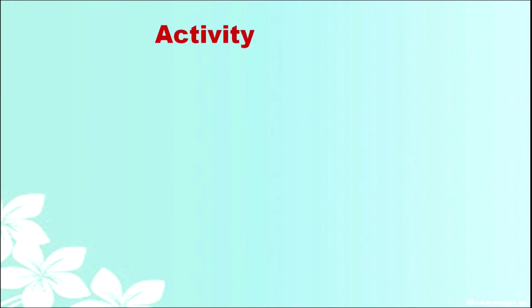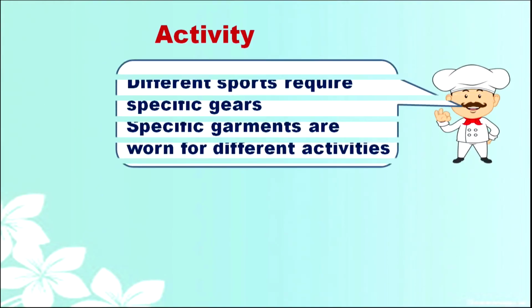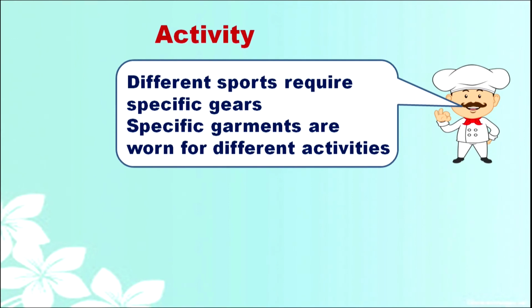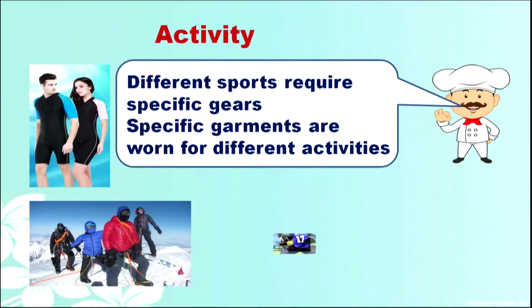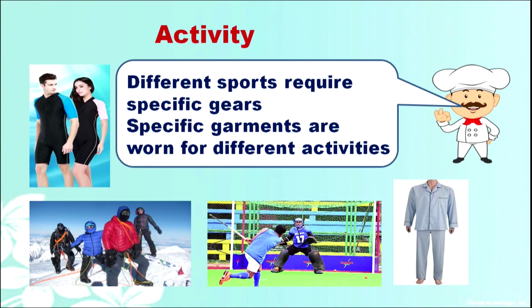Activity is another important factor for which specific selection has to be made. Different sports require different gears, and specific garments are worn for different activities. For example, let us take mountain climbing. If you were to climb a mountain, would you wear the same dress as a tennis player would?